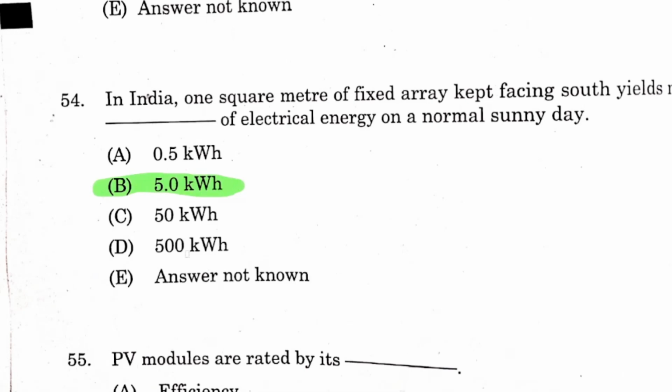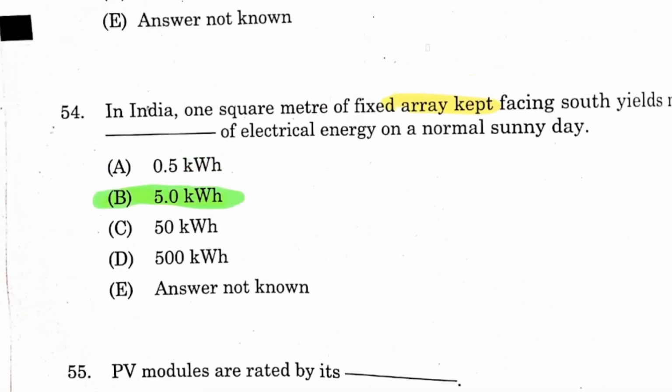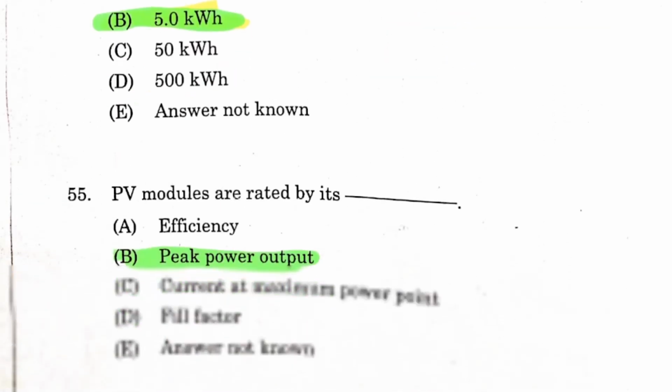In India, 1 square meter of fixed array kept facing south yields nearly dash the electrical energy of the normal sunny day. So that is 5 kilowatt hour production. After fixing the array facing south, we will get 5 kilowatt hour electricity.